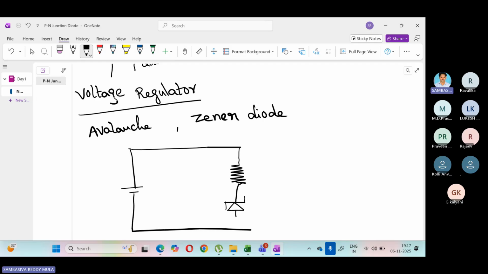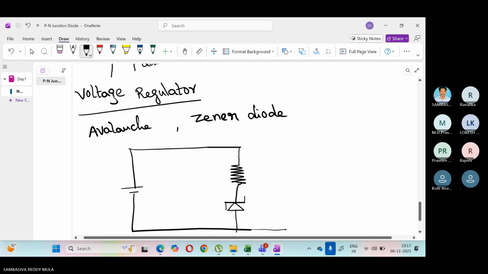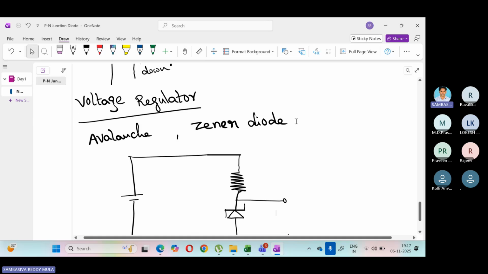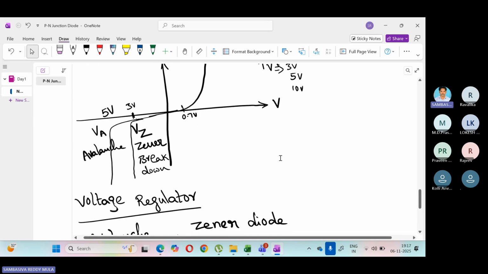This is the symbol for Zener diode. Let's draw the symbol separately.